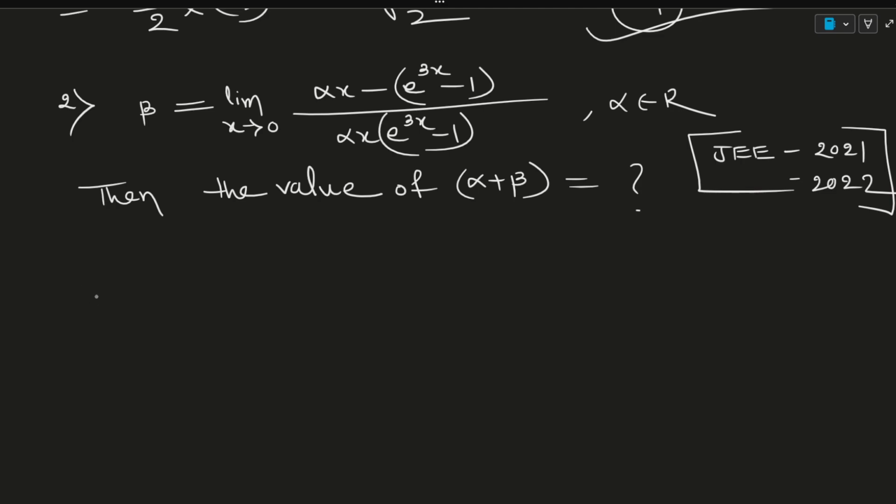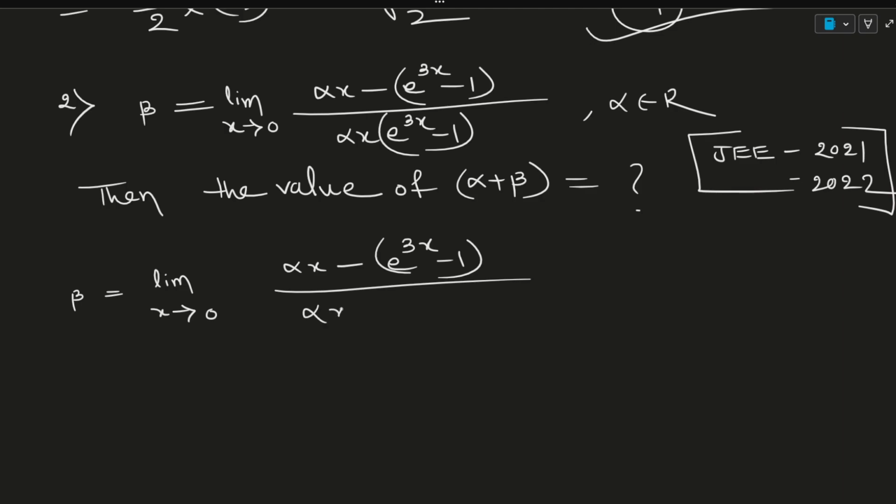Limit x tends to 0 of alpha x minus e to the power 3x minus 1 divided by alpha x into e to the power 3x minus 1.